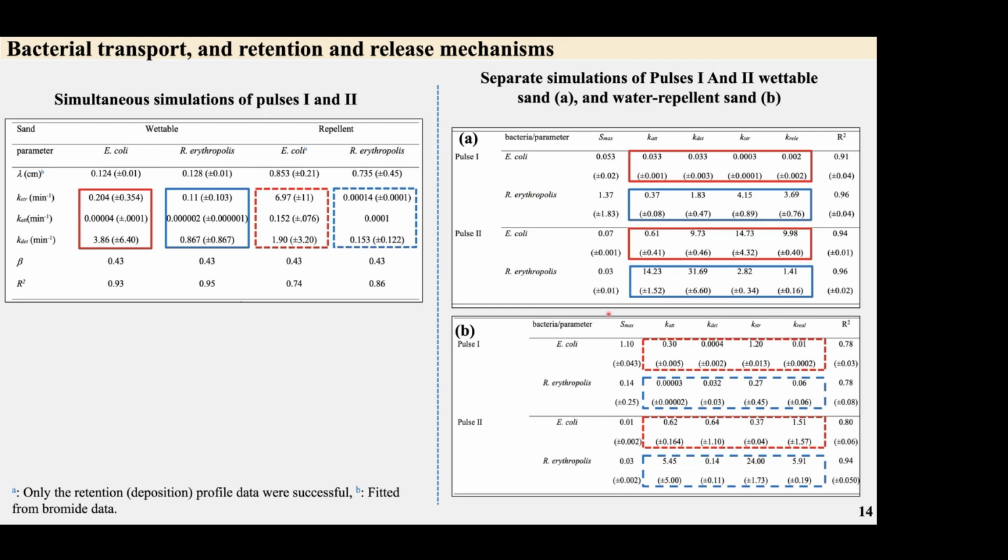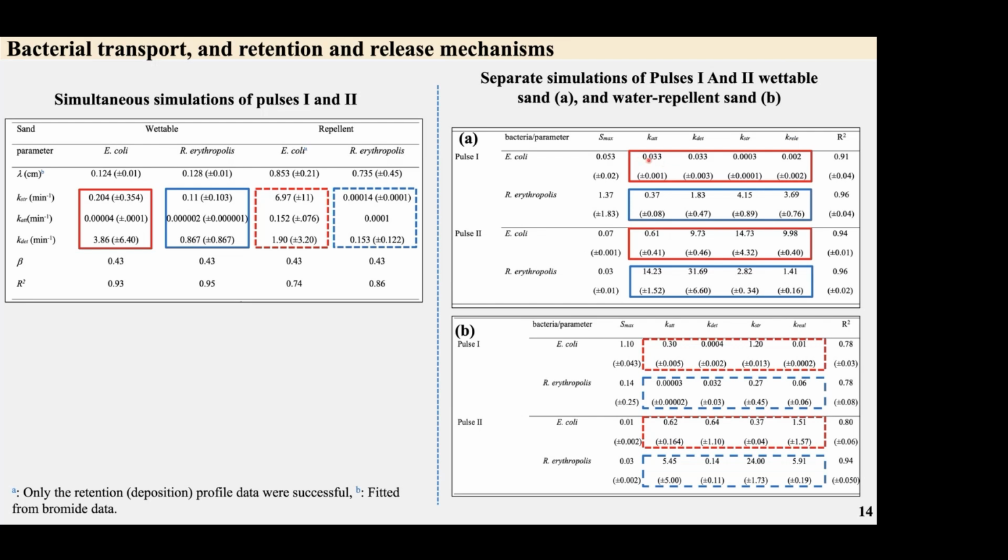Here we have the separate simulations. Table A on the right side shows wettable sand, and table B shows water repellent sand. So attachment and detachment are physicochemical properties, and straining and release are physical mechanisms.